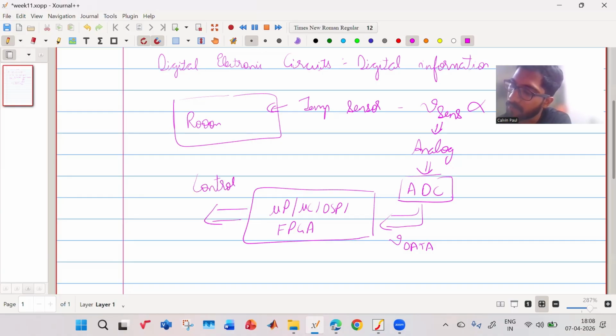It may have some thermostat. So to control the room temperature, you need to sense it, convert it into digital using an ADC, and send that data to your digital processor. Then it generates a control command which goes to your thermostat. So this is one small example of where you need an ADC. Your real world information is analog, but you need to convert it into the digital domain.